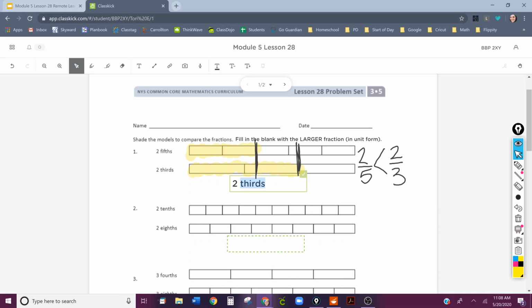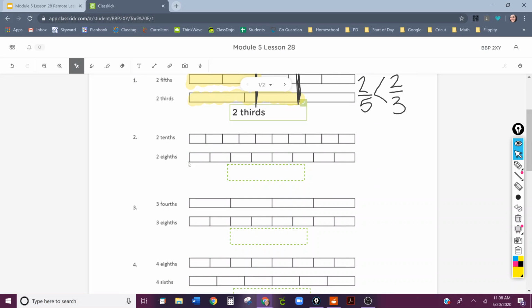If you write it in fraction form, it's going to mark it as wrong. So remember, it says in unit form, 2/3. And it's already written in unit form over here, so you don't have to worry about spelling. You can just copy what it says over there. All right, let's move on to the next one. 2/10 and 2/8. So once again, I'm shading 2 pieces.